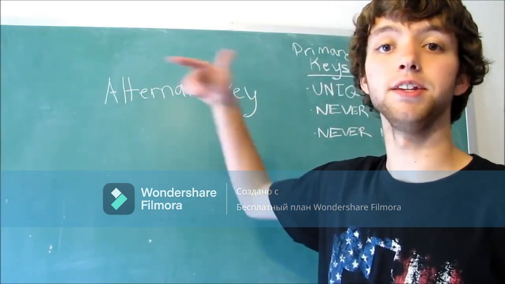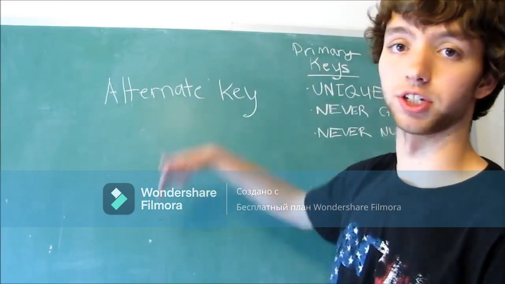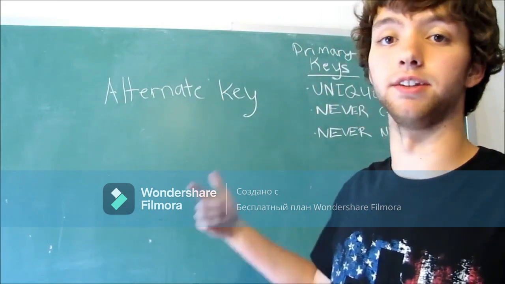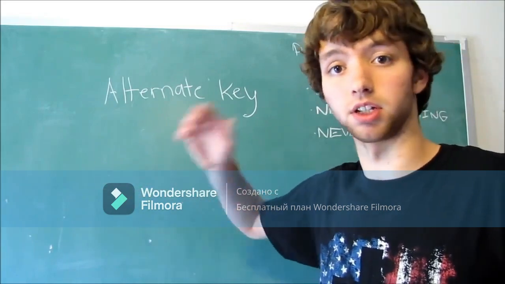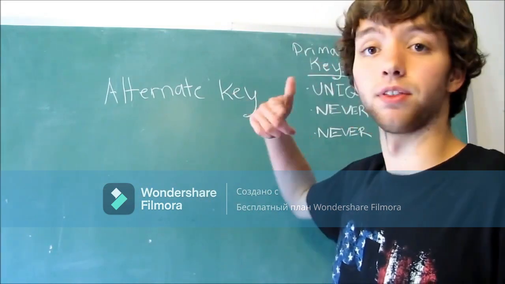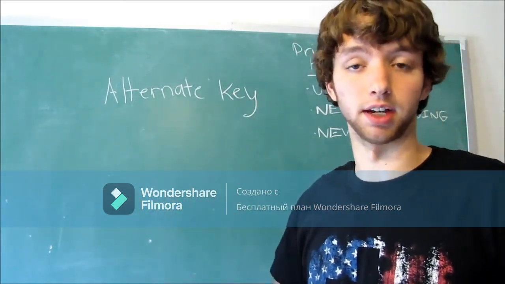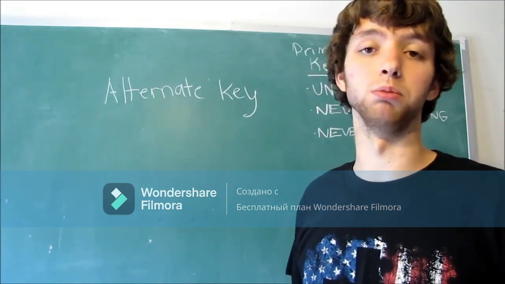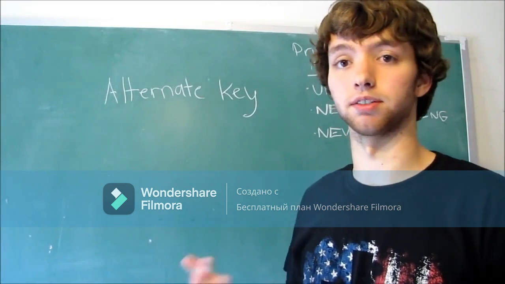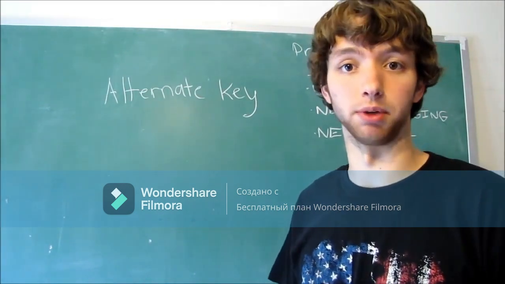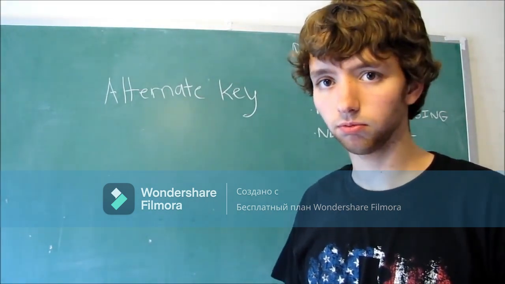So you can create an index on the alternate key. I could create an index on the emails, for example, because I said that was a possibility. Now that'll be an index, and it will probably be used because you might want to select everyone by their email. You know what I mean?